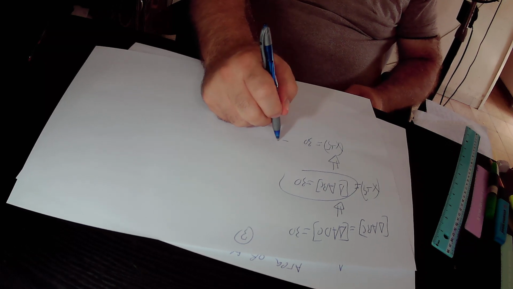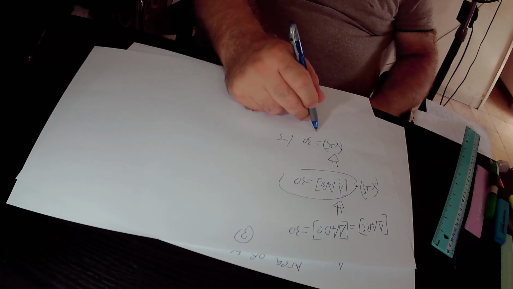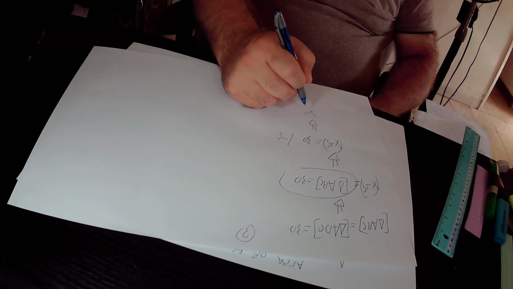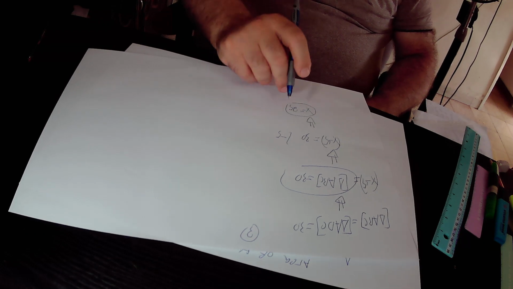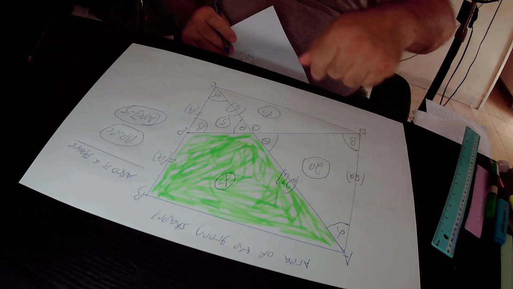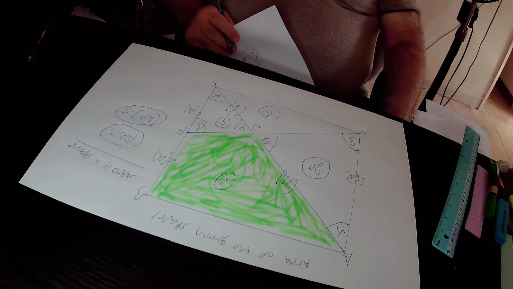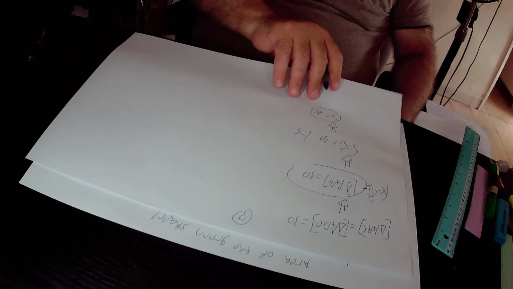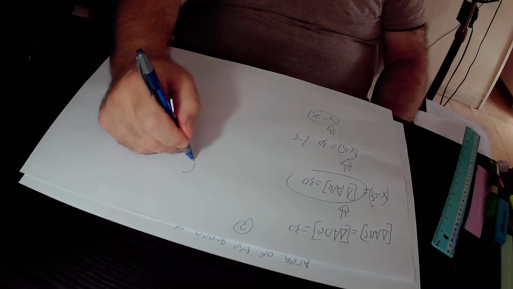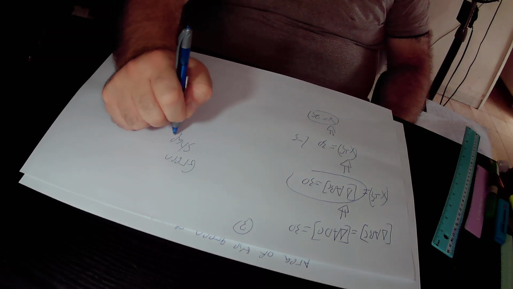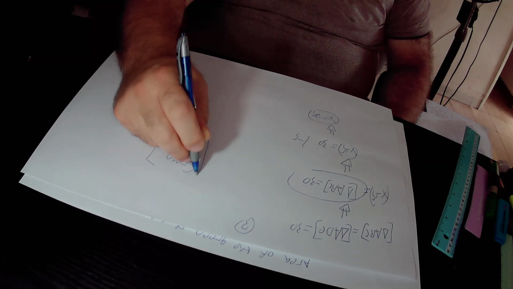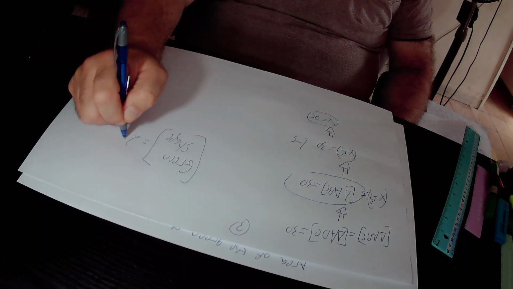Here we subtract 5 from this equation and we get that x equals 30 minus 5, which is 25. So in total, we can find out the area of this green shape is equal to 25 square meters.